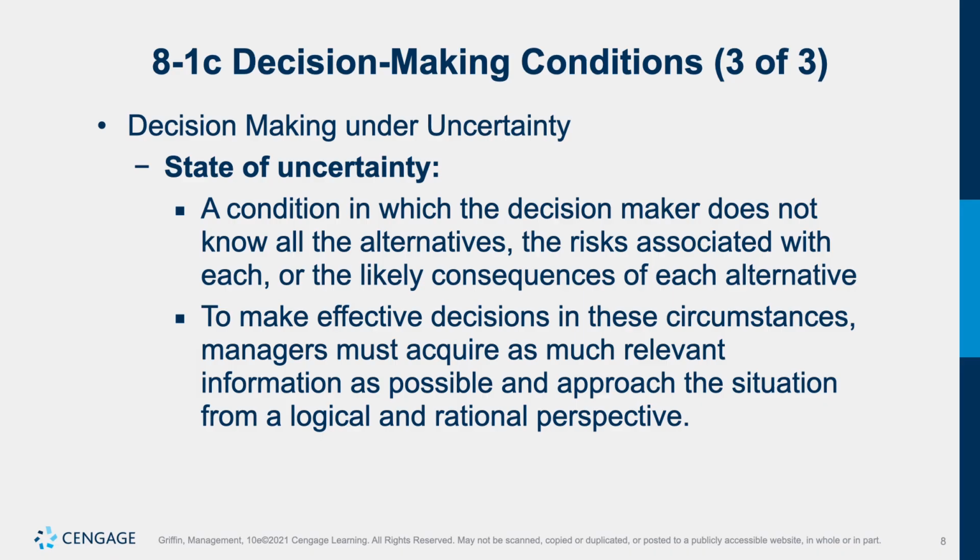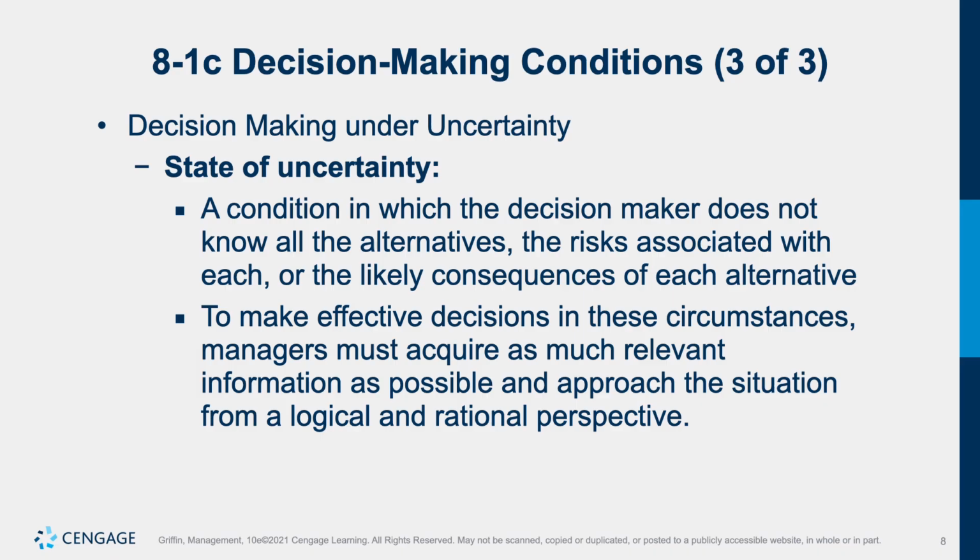Decision making under uncertainty. Under this condition, the decision maker doesn't know all the sets of alternatives, right? They have what you call bounded rationality. They can only make decisions based off what limited information they are exposed to. They don't have the length and breadth of information to make adequate or conclusive decisions, so they are not sure of what the outcomes would be for the organization.